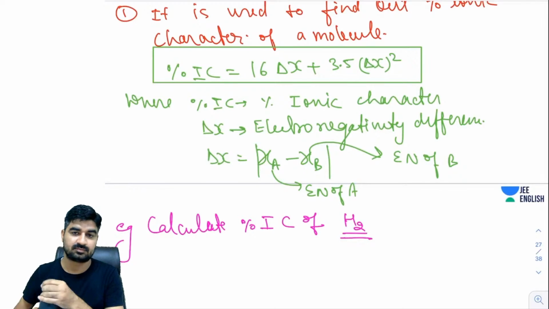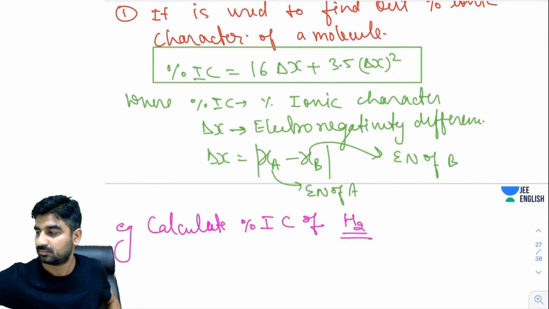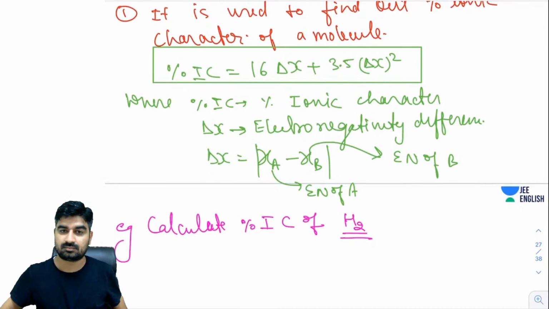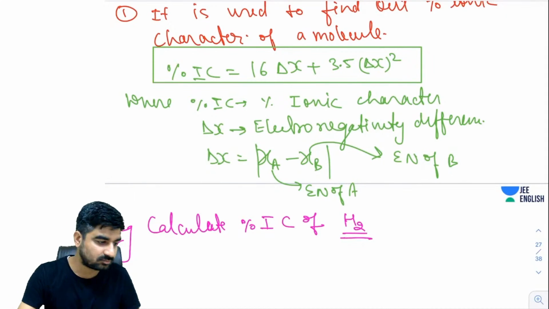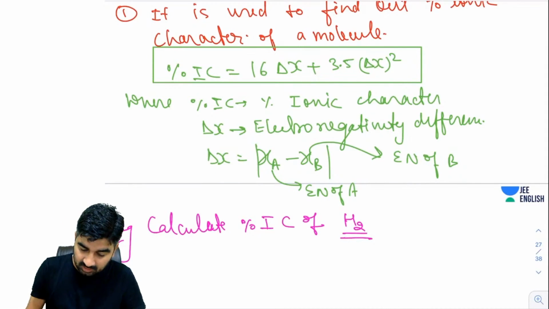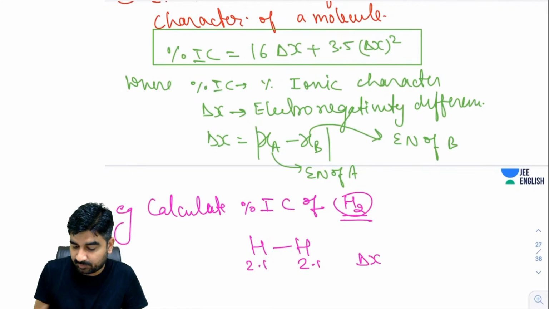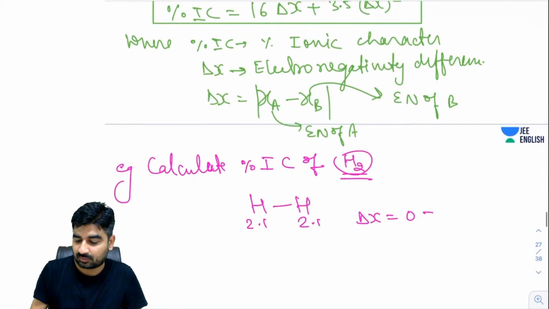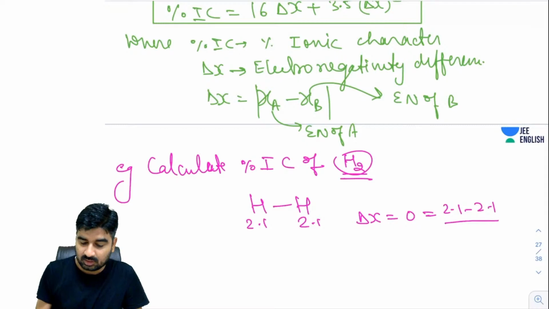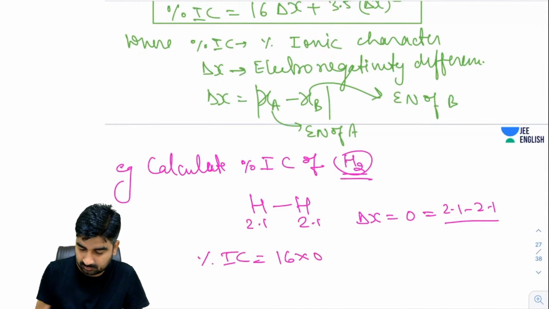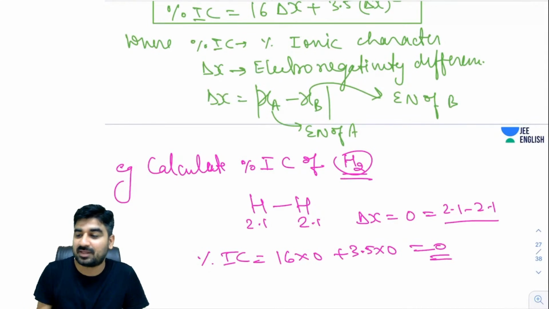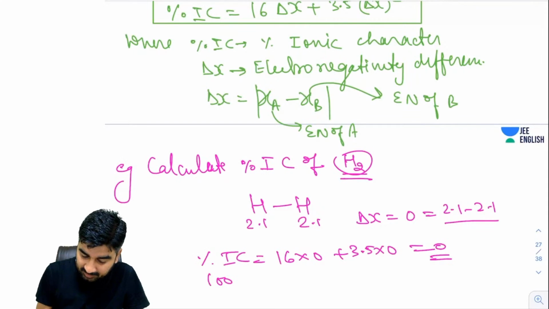See, it is hydrogen. So 2.1, 2.1, so delta X would be 0. So percentage ionic character would be 0. It means I can say it is 100% covalent.